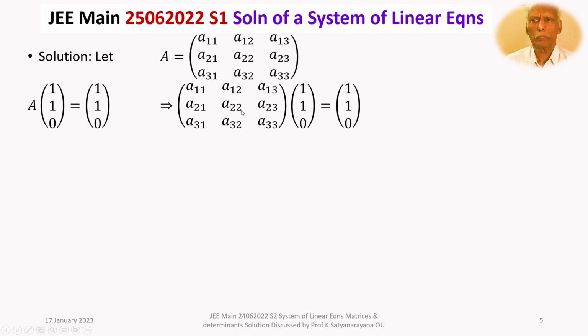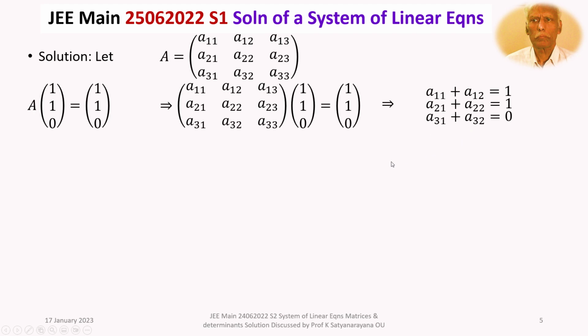Take the matrix A, multiply by the column vector 1, 1, 0, and equate it to 1, 1, 0. Then, multiplying the first row with the column vector gives A11 plus A12 equals 1. The second equation is A21 plus A22 is equal to 1. A31 plus A32 is equal to 0.